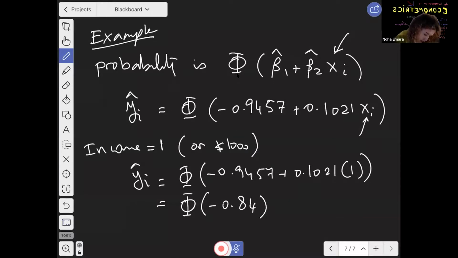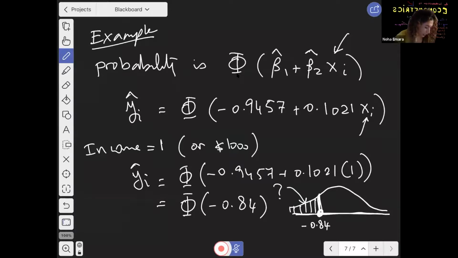I'm looking for the cumulative distribution function, which is the bell-shaped distribution, and I'm looking at the shaded region under the graph for all the points that are less than or equal to negative 0.84. I'm actually looking at this probability.